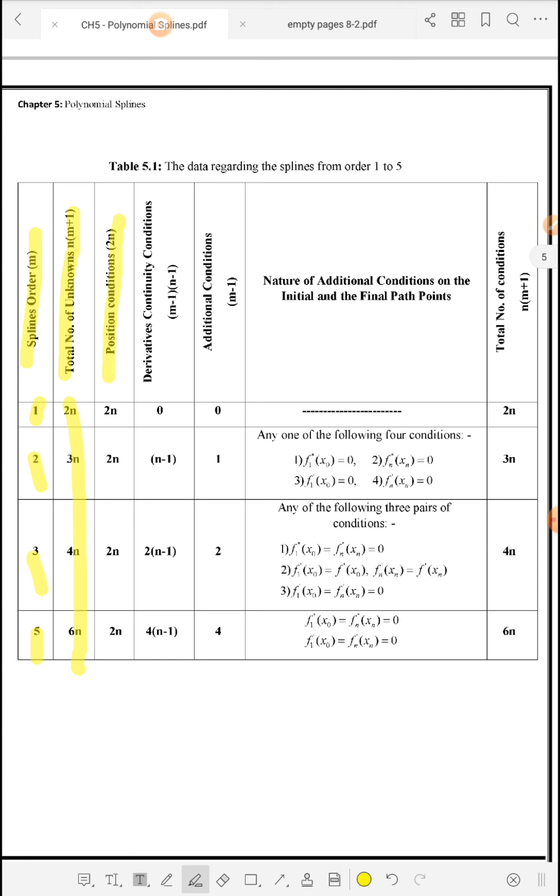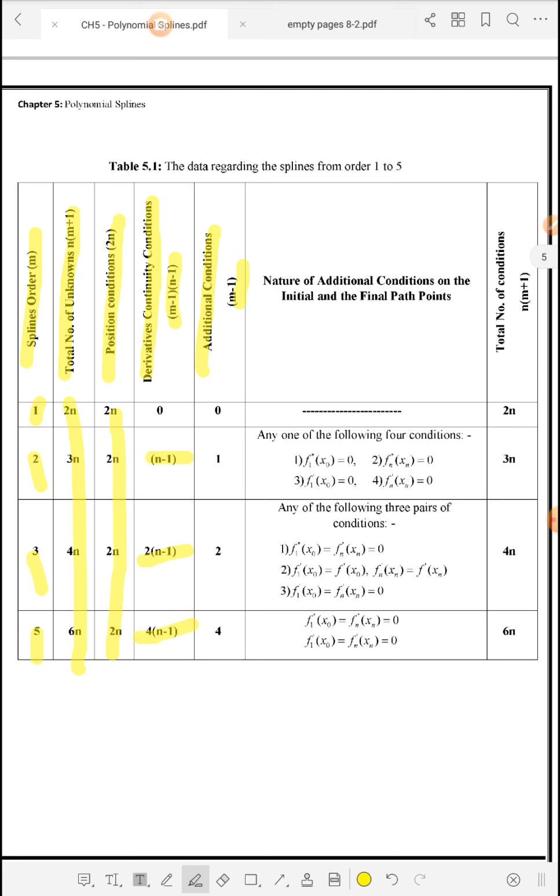The total number of position conditions is constant, 2n. And the total number of derivative continuity conditions is n minus 1 for the second, 2n minus 1 for the third order polynomial, and 4n minus 1 for the fifth order polynomial. And here is the number of additional conditions, which are m minus 1.